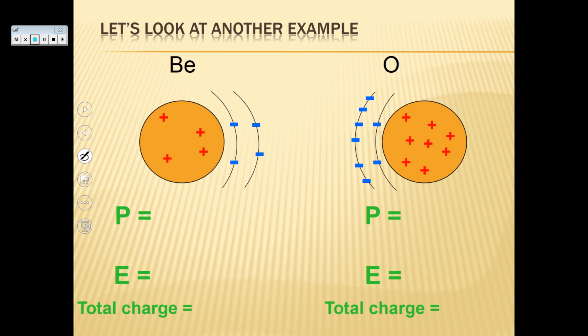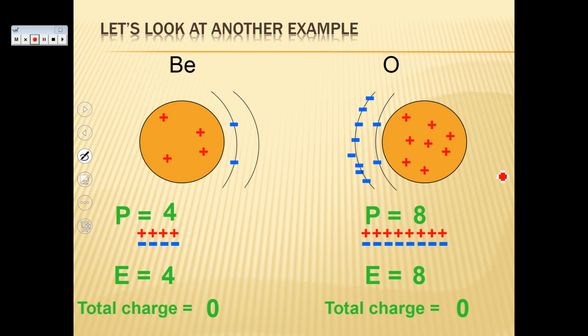Let's take a look at beryllium and oxygen. So beryllium initially has 4 protons and 4 electrons. Its total charge is 0. Oxygen has 8 protons, 8 electrons. Its charge is 0. Beryllium is going to lose its 2 electrons to oxygen. So now it has a charge, now it has 2 electrons and 4 protons.